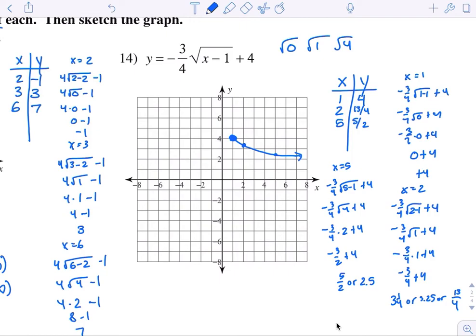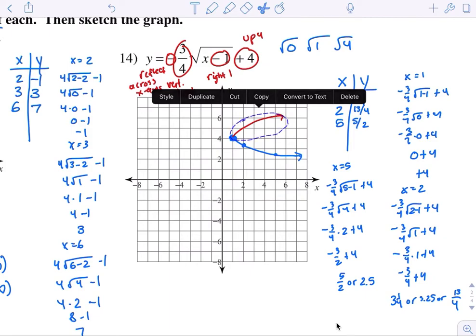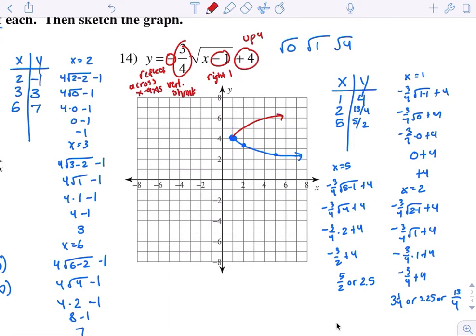Now, if you were to test this with transformations, that's up 4, that's right 1, this is a vertical shrink, and this is reflect across the x-axis. So if this was your parent, right 1, up 4, you reflect it across the x-axis, which means it would have done this.